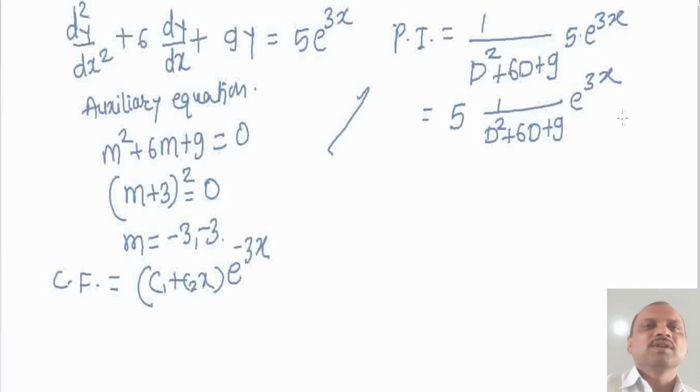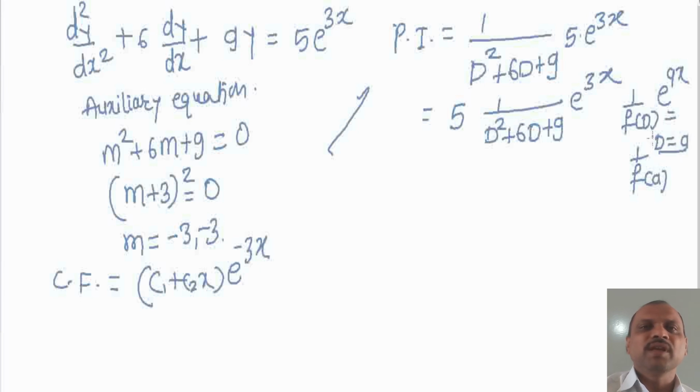Now remember the formula, 1 upon f of D e raised to ax equals 1 upon f of a. That means we have to put D equal to a.